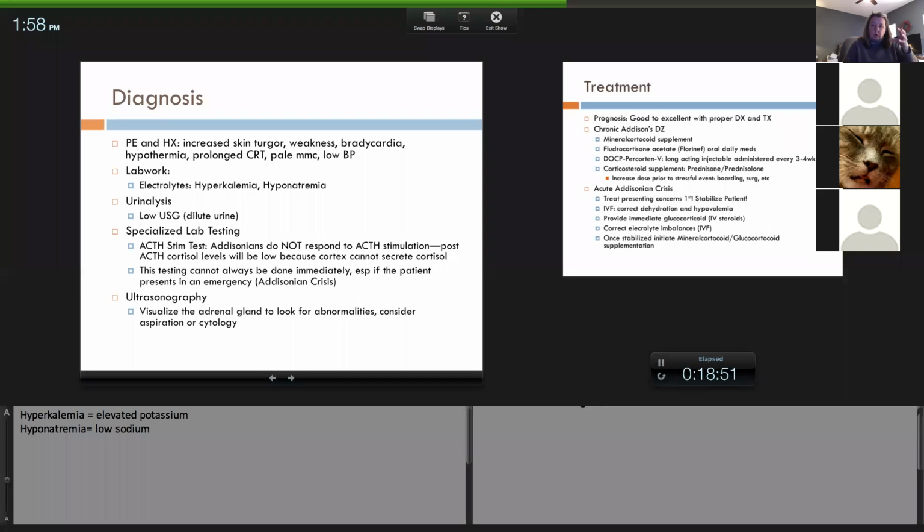When you ultrasound an organ, if it's all normal, it sends the sound waves back and presents as a uniform texture, a normal textured appearance. So you're going to look at the texture of the gland: does it have the same texture? Is it of normal size? Is it of normal shape? And then the doctor can decide whether they want to aspirate it or not. So this is kind of how we diagnose it.